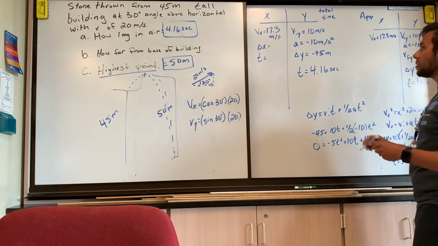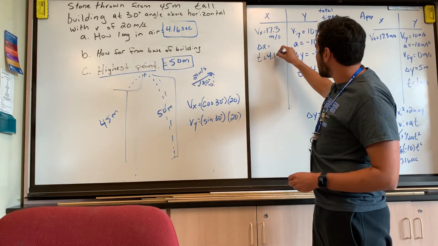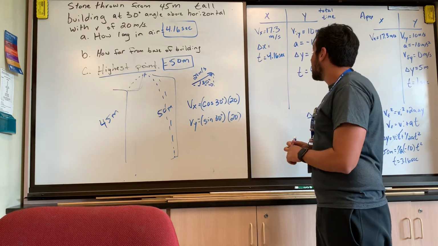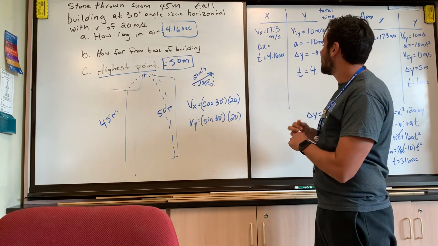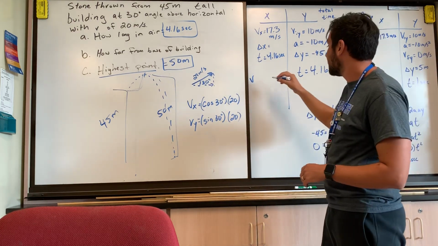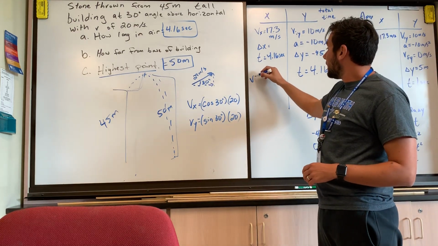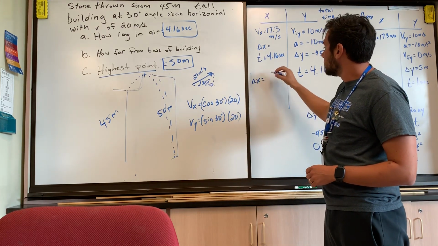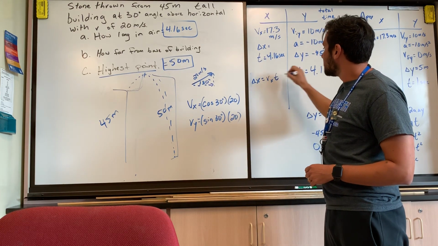And then how far from the base of the building? Well, it's 4.16 seconds. I know that my velocity times time is my delta x because I know that in the x direction there's no acceleration or anything. So my change in x equals Vx times t.